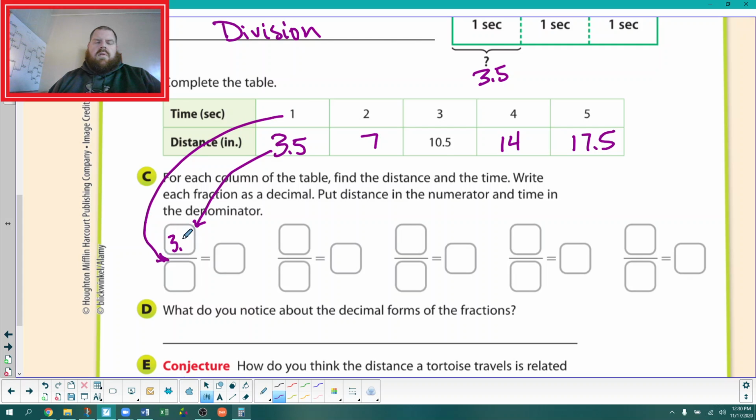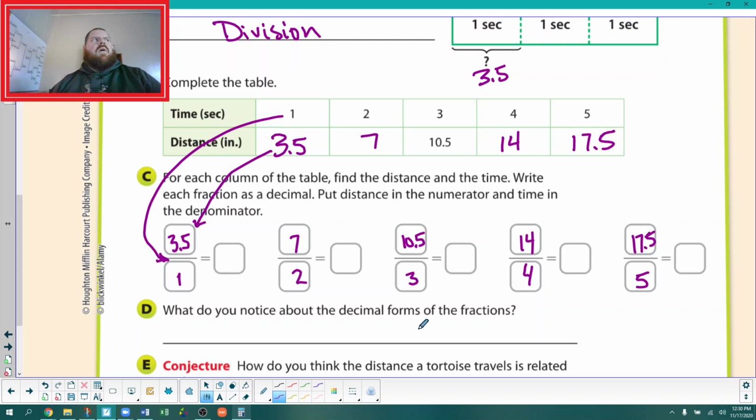So we have 3.5 over 1. I also have 7 over 2, 10.5 over 3, 14 over 4, and 17.5 over 5.